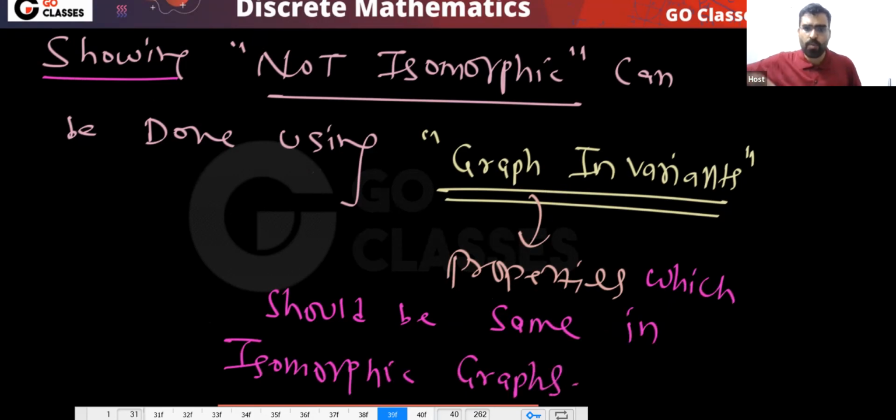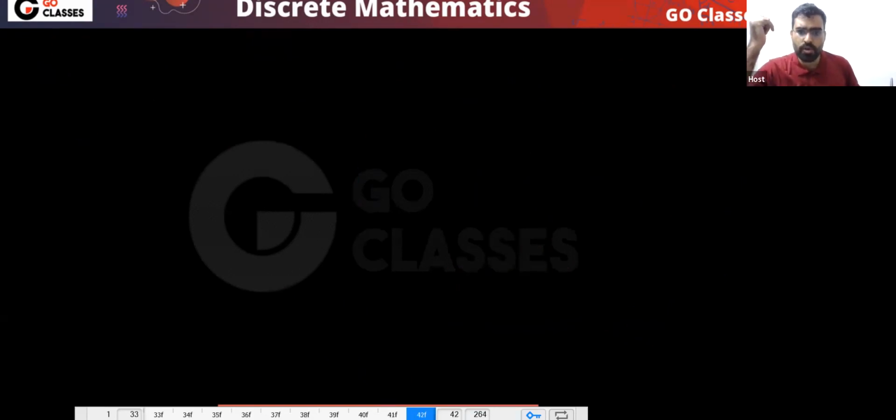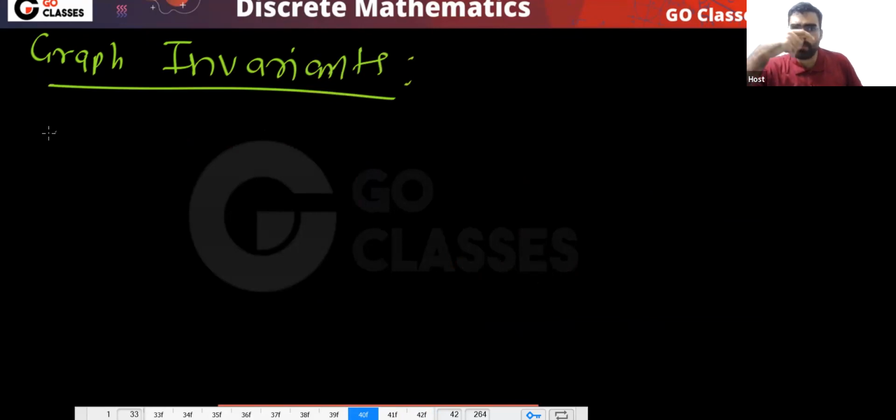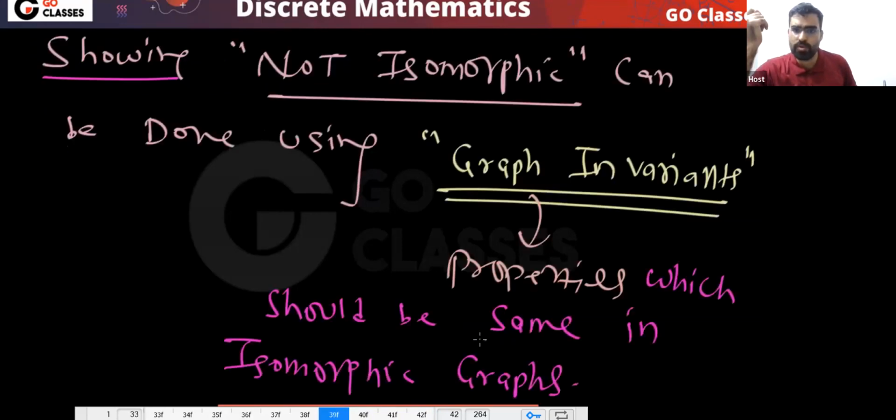Can anyone tell me which properties must be the same in two isomorphic graphs? Graph invariants. These are the properties which should be exactly the same in isomorphic graphs.